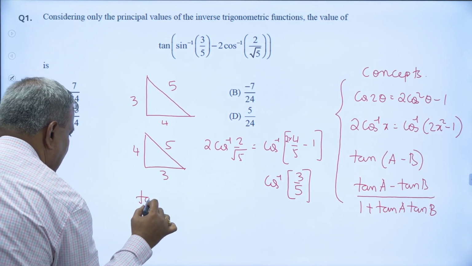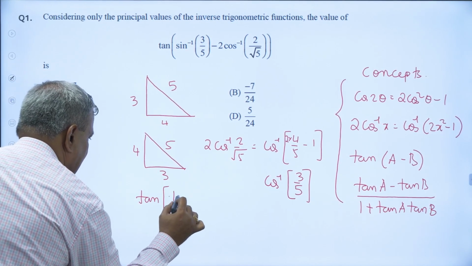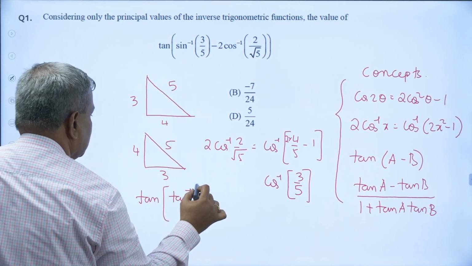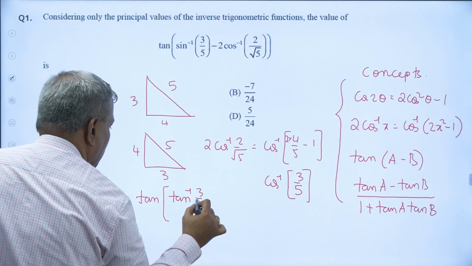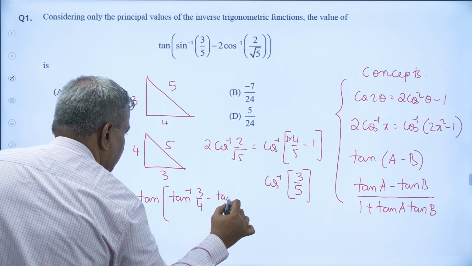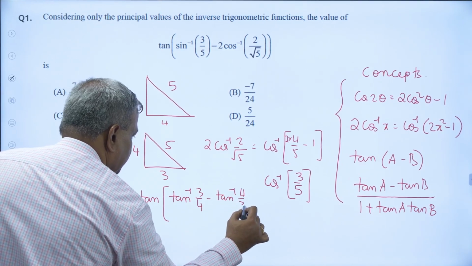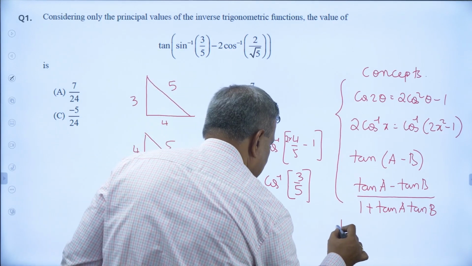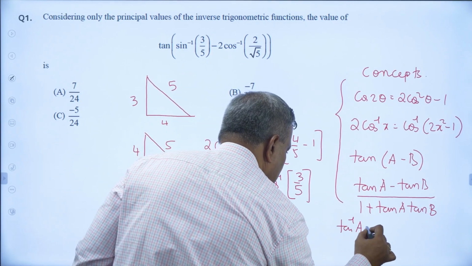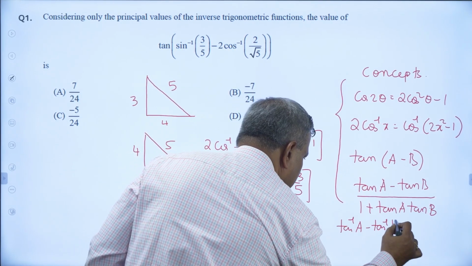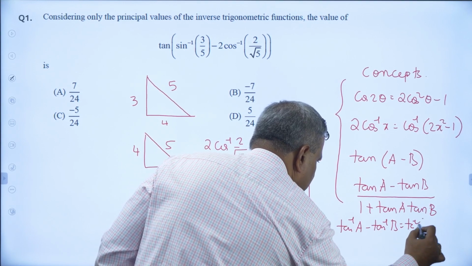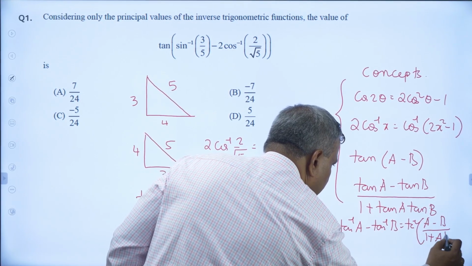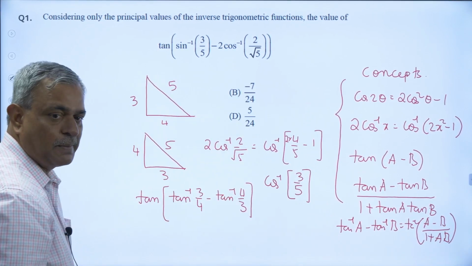Sine 3 by 5 is nothing but tan inverse 3 by 4, and cos inverse 3 by 5 is tan inverse 4 by 3. So we get tan of tan inverse 3 by 4 minus tan inverse 4 by 3. The formula came from that only: tan inverse A minus tan inverse B is equal to tan inverse of A minus B by 1 plus AB. The same formula is applied here.